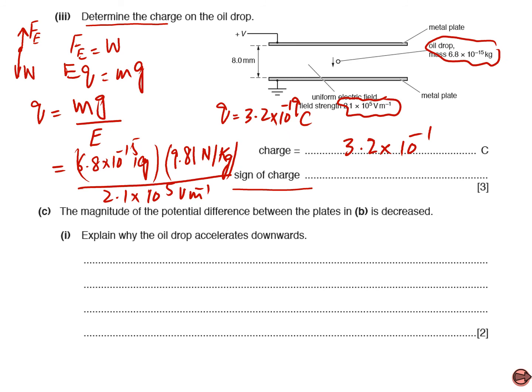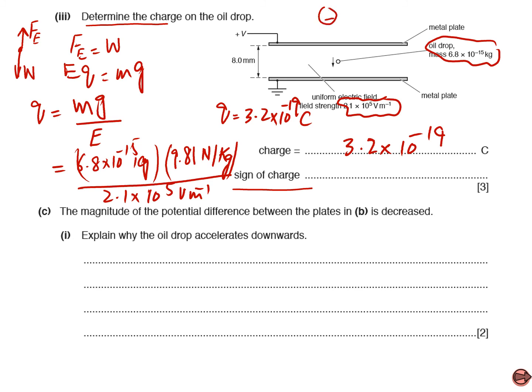Now the question is how to determine the sign of the charge. So next we need to determine the sign of the charge. You can see the electric force is acting up, and the charge has to be negative because it is attracted towards the positive plate.